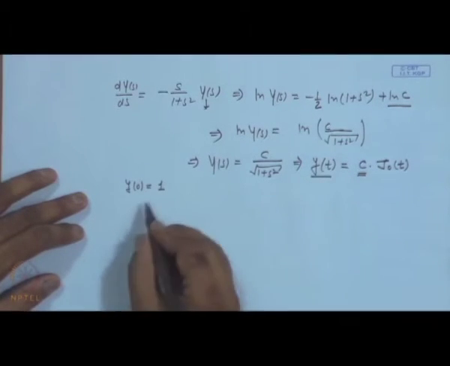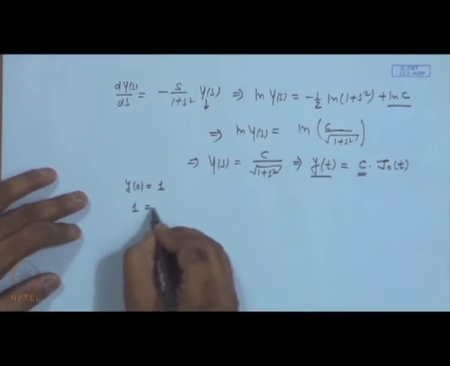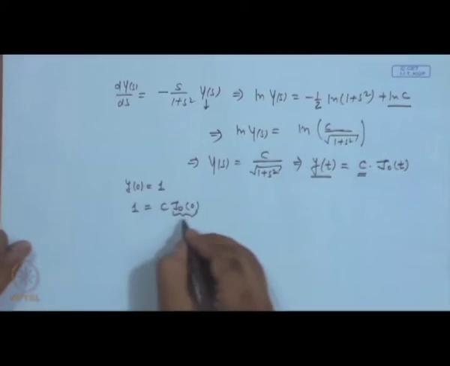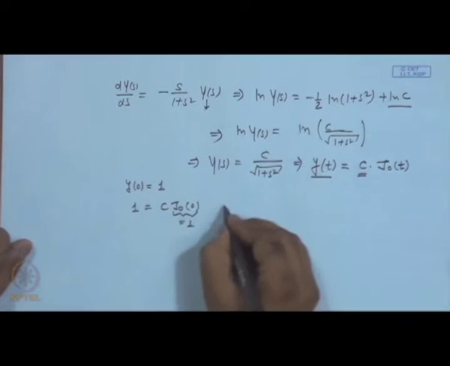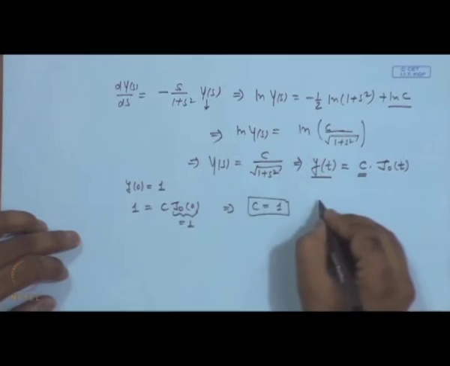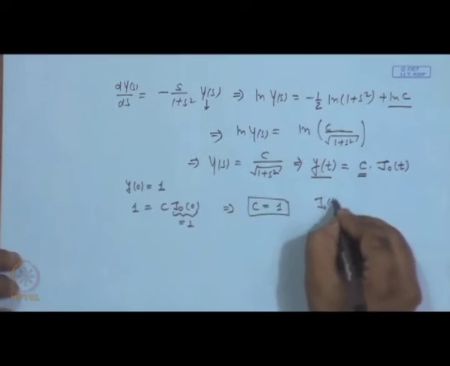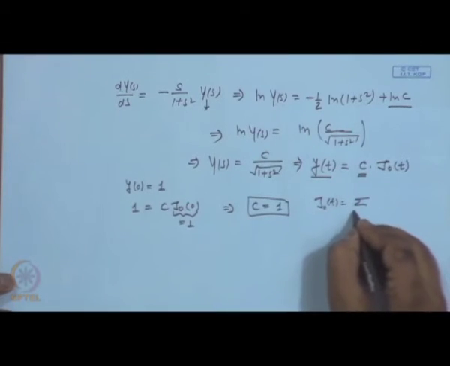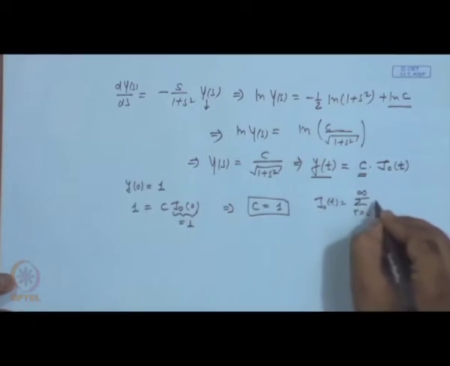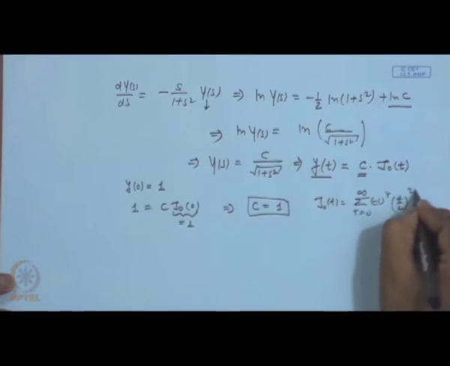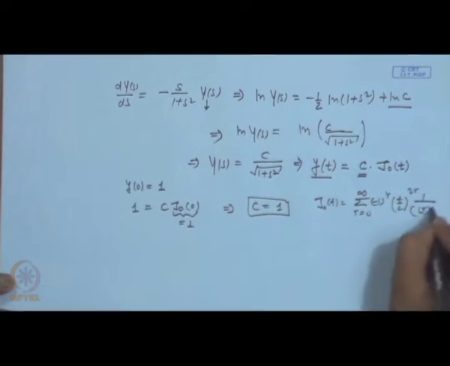So, here we have this y(0). So, we have 1 equals c times J0(0), and J0(0) we know is 1, and in this way we get c is equal to 1, because if you remember this J0(t) was just the series sum of minus 1 to the r, (t/2) to the 2r, over (r factorial) whole squared.